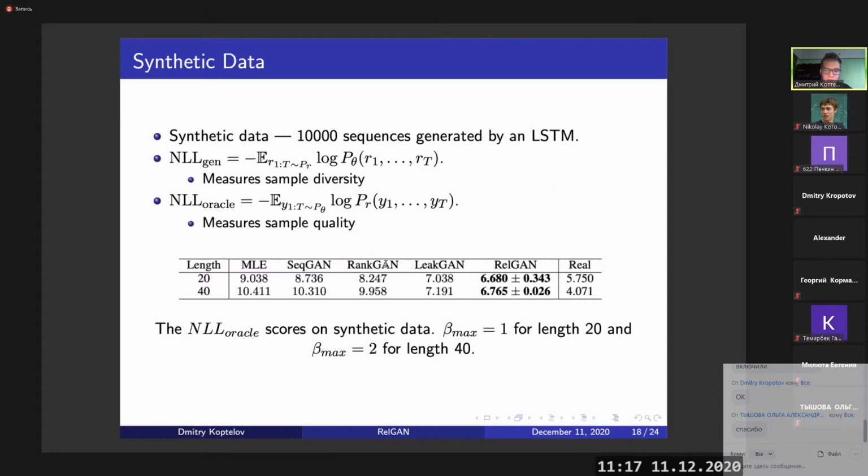The idea is that the first measures sample diversity, and the second measures sample quality. They calculate these metrics, compare with other approaches, and show that it outperforms others.